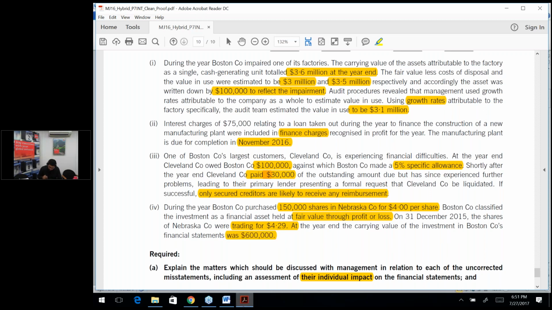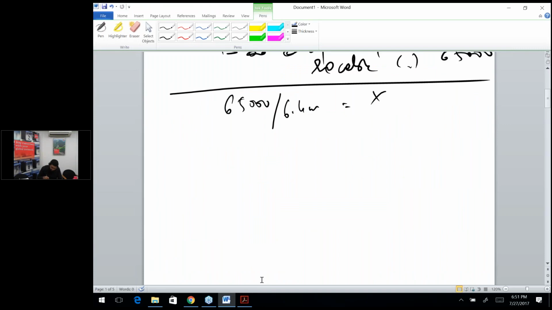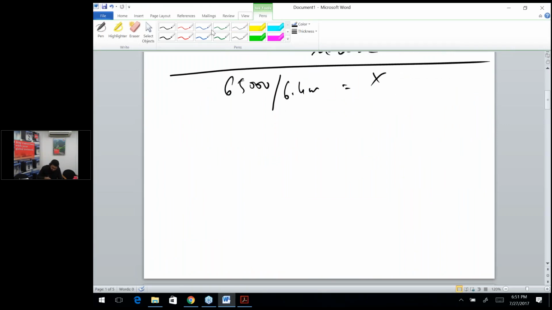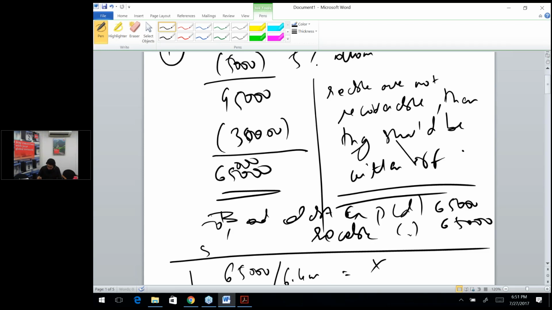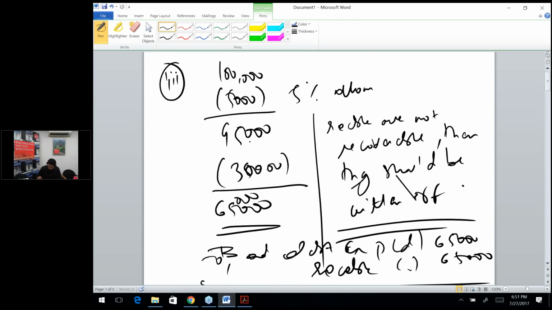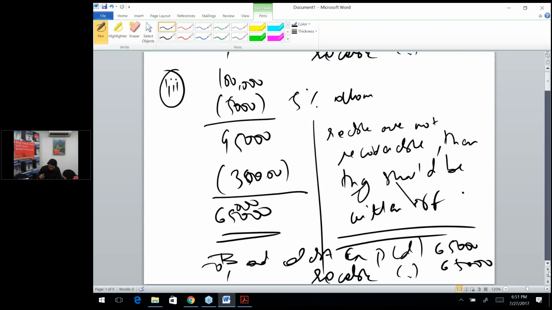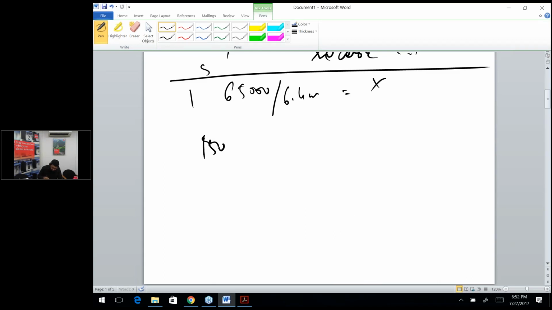So if you've got 150,000 shares and you have purchased them at 4, this is actually 600,000 as the original investment.